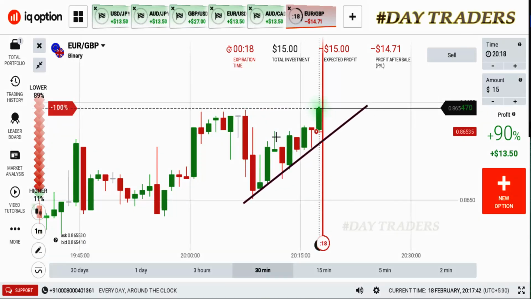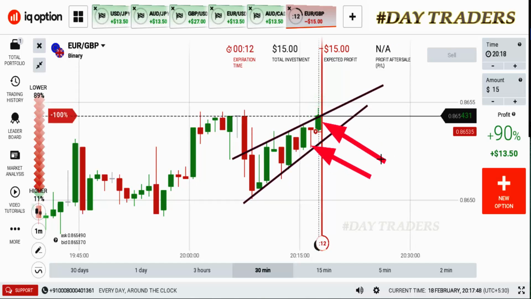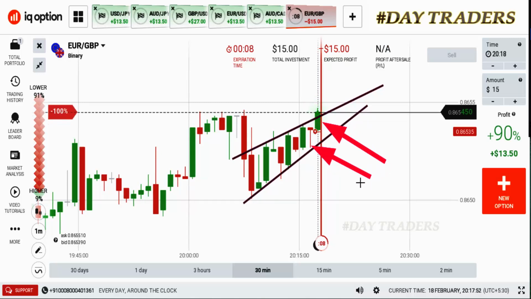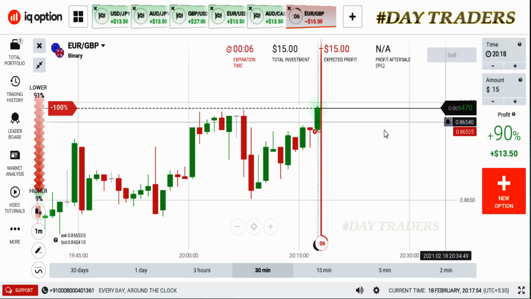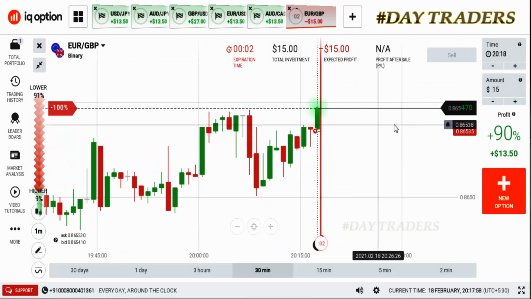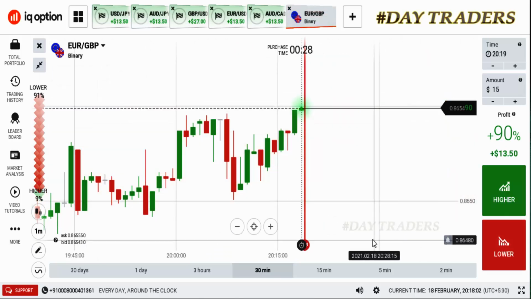This is a buying force, and after touching the support area, it's going more up. Some buyers enter the market. Okay, after this candle some sellers enter the market confirmly. Okay, I'll place a lower option.